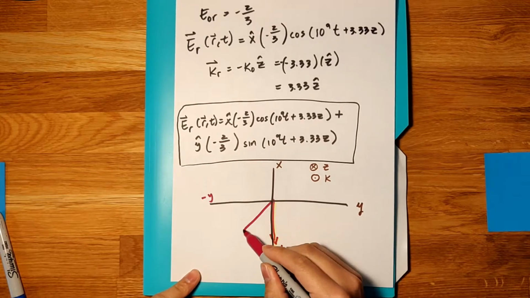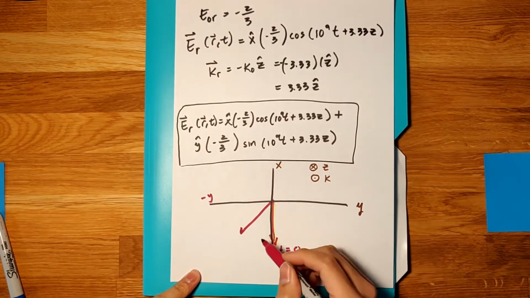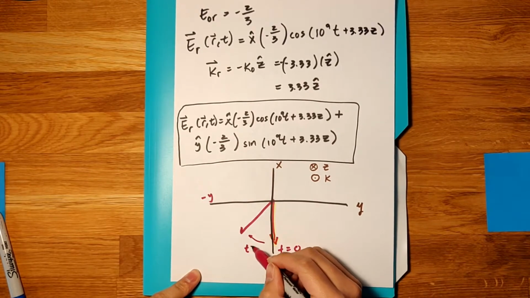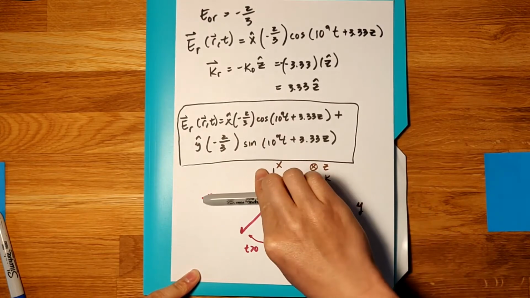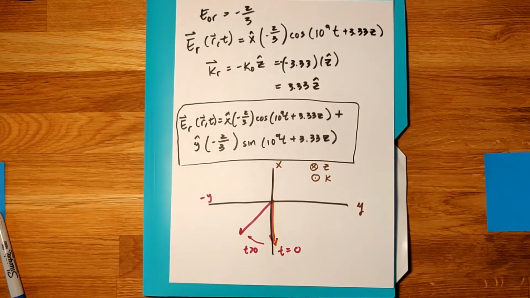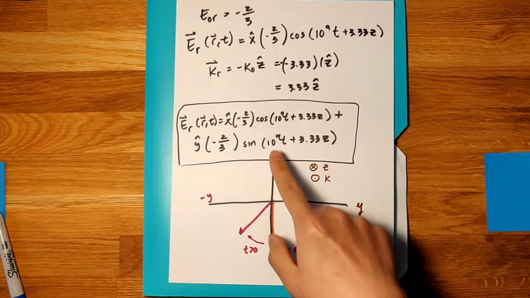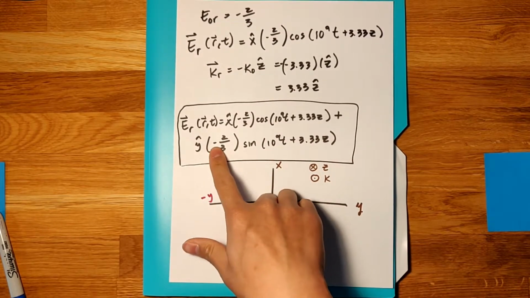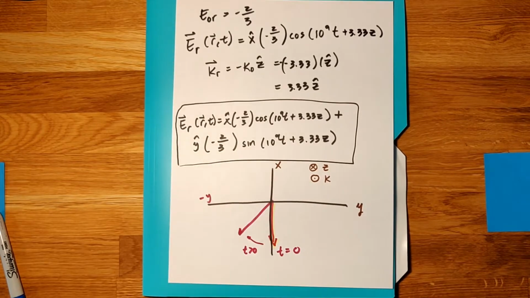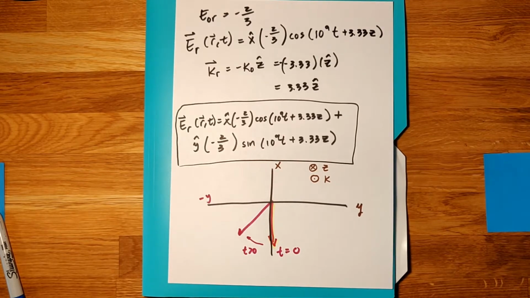So it will look something like this, then t is greater than 0, it's moving this way. And again, we know this from looking at this equation because it's a negative y hat, negative coming from the magnitude.